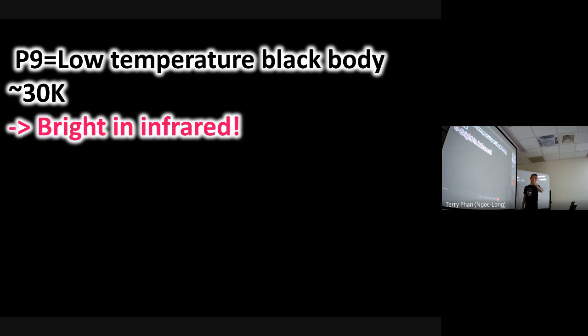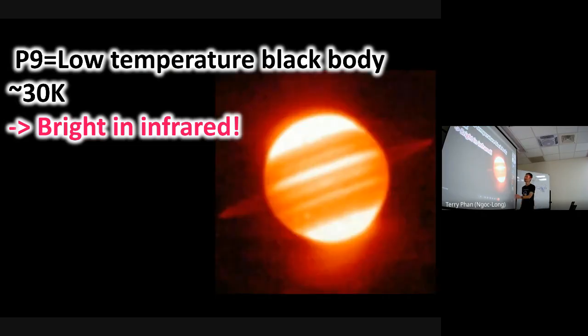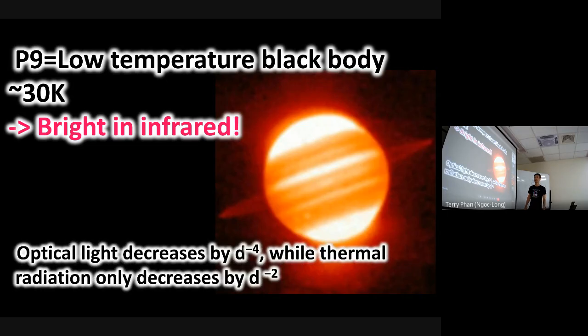Anyway, if optical is not working, what should we do? Planet 9 is a low-temperature black body, say 30 Kelvin, so it's bright in infrared. Do you know what this is? It's Jupiter, and it's bright in infrared. Same, planet 9 should be bright in infrared. For reflected sunlight, the light needs to go back and forth.